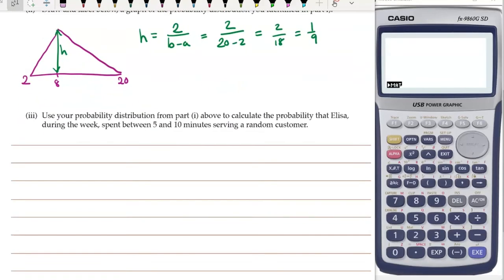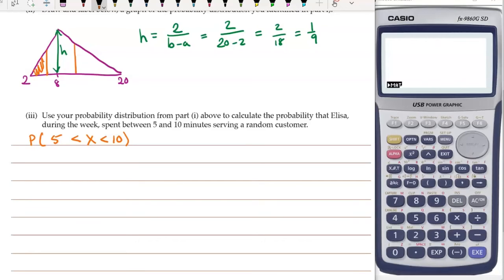Okay, now work out the probability that during the week she spent between 5 and 10 minutes serving a random customer. So looking for x being between 5 and 10. What I'm actually going to do is the 2 pieces of 5 and 10 separately because they sit on different sides of the 8.